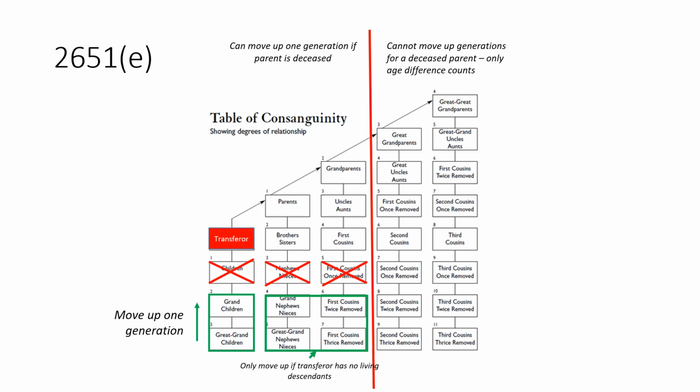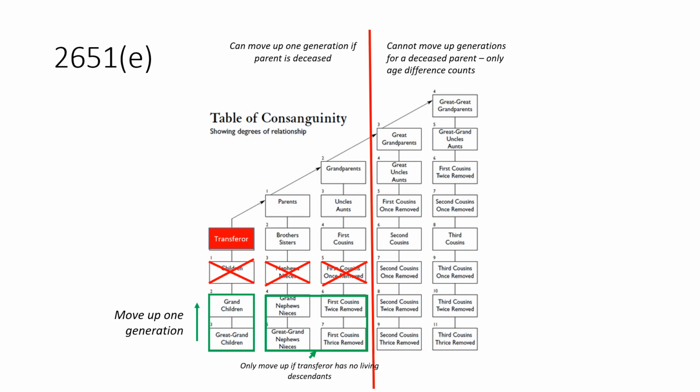In other words, the descendants of that deceased child move up one generation, and in that case, the grandchildren would cease to be skip persons with respect to the transferor, but the great-grandchildren still would be. But in that case, the difference is we're not intentionally skipping a living member of that first generation. We have no choice but to leave property directly to the grandchildren if we're providing for our blood descendants.